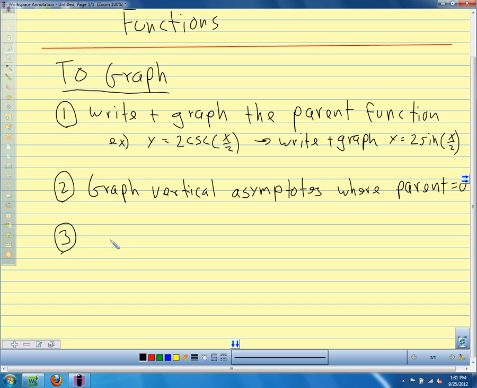Our third step is we need to figure out the minimum and maximum. The cofunction has a minimum where the parent function has a maximum.